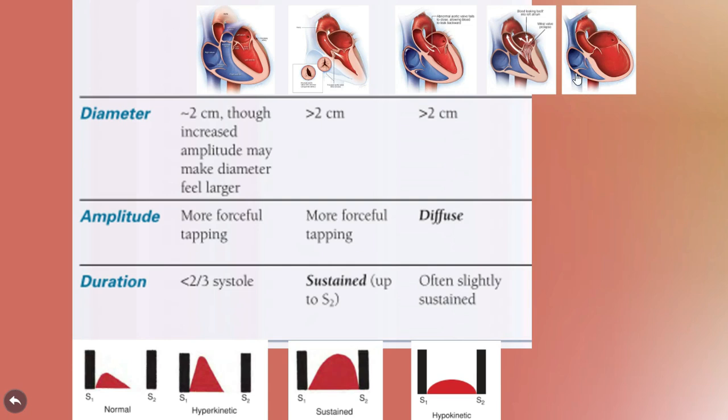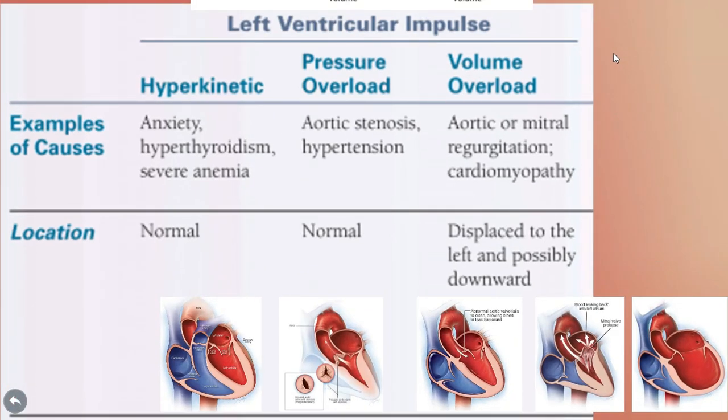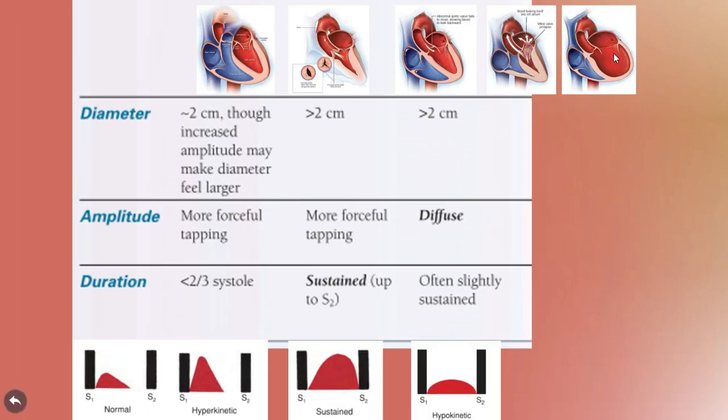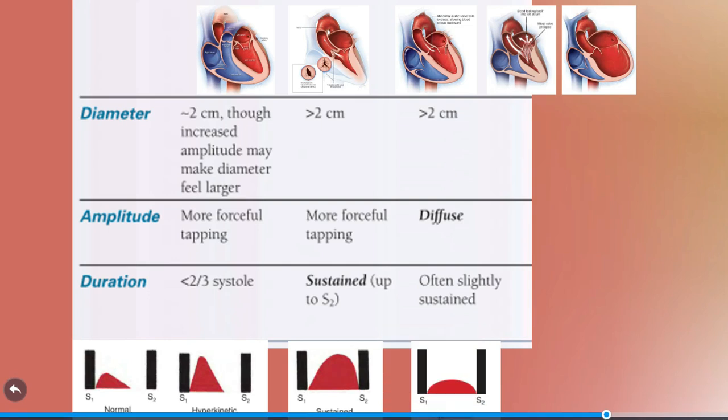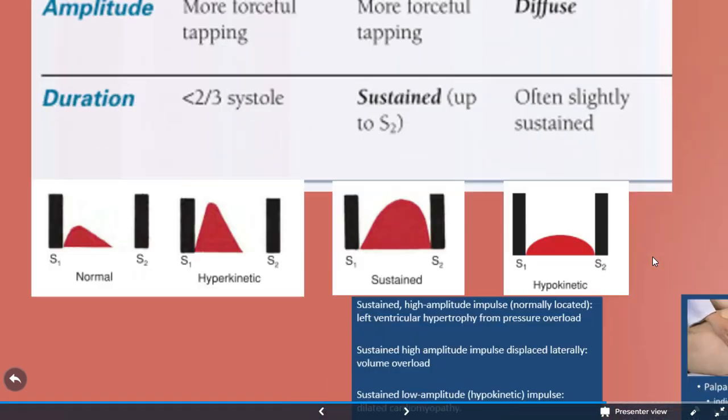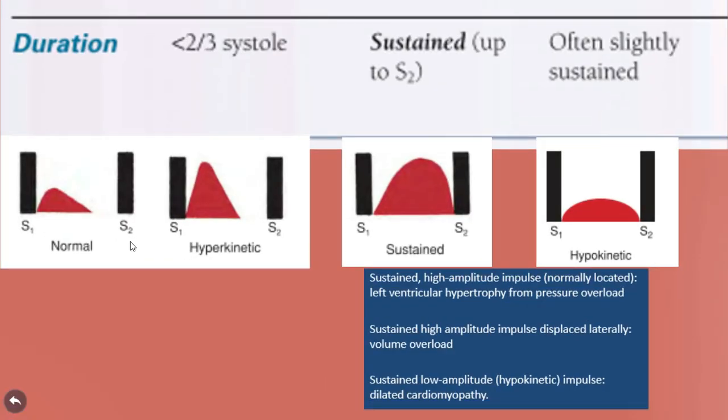But the difference in a patient with dilated cardiomyopathy, can you see this one? Okay, so they can have hypokinetic states. You can see in here hyperkinetic states, sustained, or in a patient with hypokinetic states.